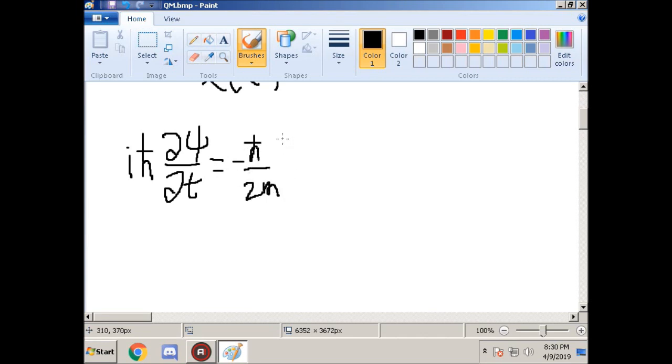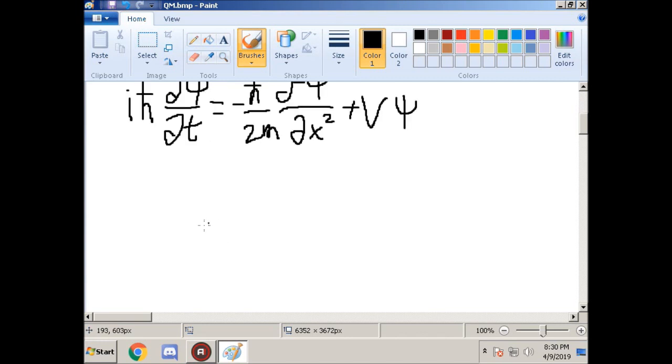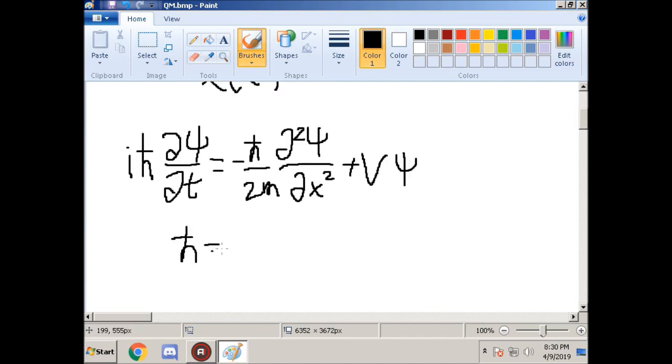So I'm going to write it down here. First of all, i is the square root of -1. H bar is the reduced Planck's constant, so it's the original Planck's constant divided by 2 pi, and we differentiate the original Planck's constant from the reduced Planck's constant by labeling the reduced one with a bar on the h.